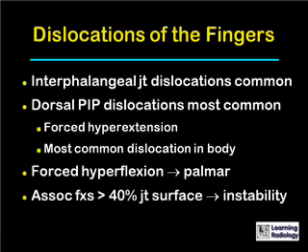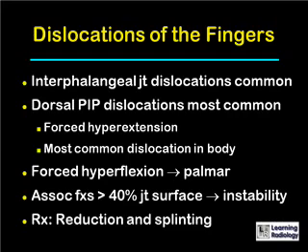They can be associated with fractures, and if the fracture subtends more than 40% of the joint surface, it's frequently unstable and may require surgery. The treatment for finger dislocations, though, is usually closed reduction followed by splinting.